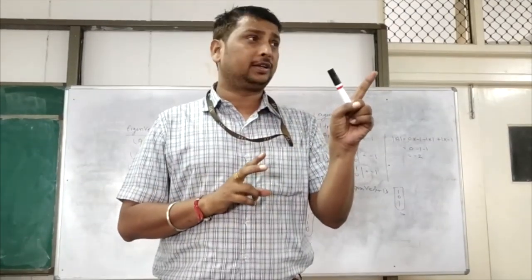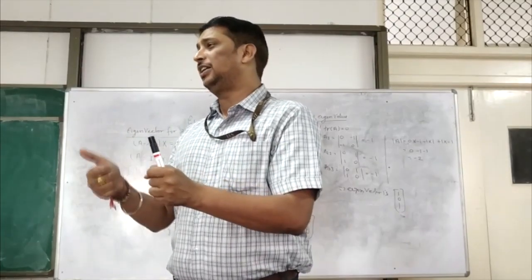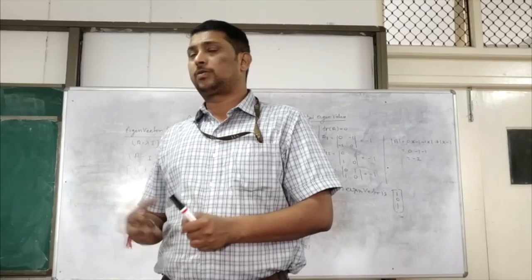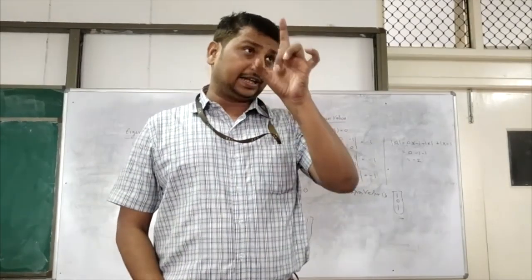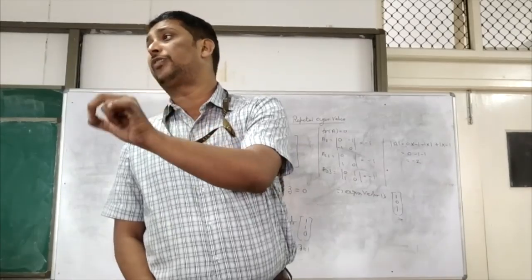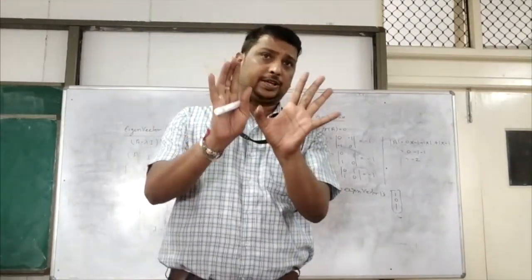One time we took y0, z1, the second time we took y1, z0. That's why later we say this is the similarity method, similarity transformation. Correct? But this is one way.